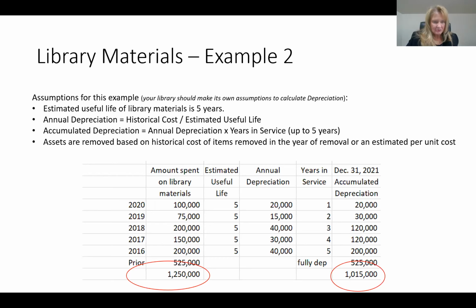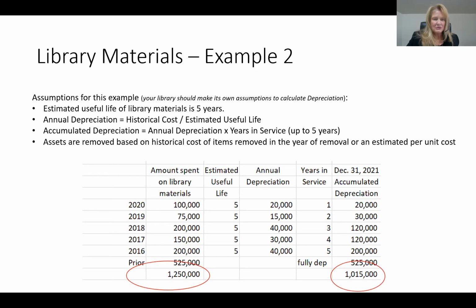So on this one, I have the same materials. I have the same amount, but the amount spent on library materials is based on my computer software. So I know in 2020 I spent 100,000, in 2019 I spent 75, and so forth. I do that very same calculation of annual depreciation.